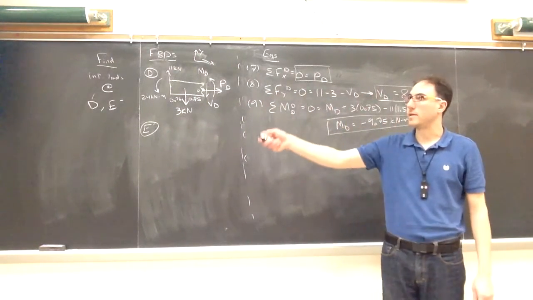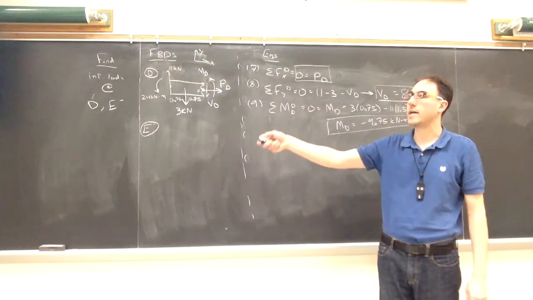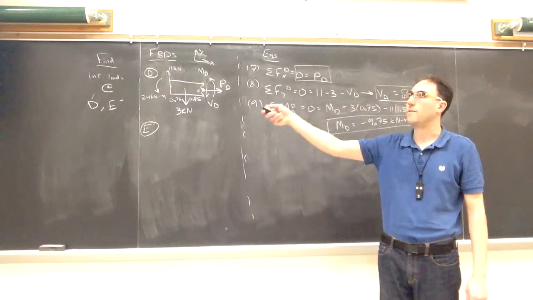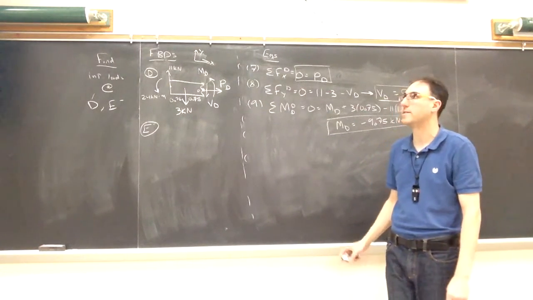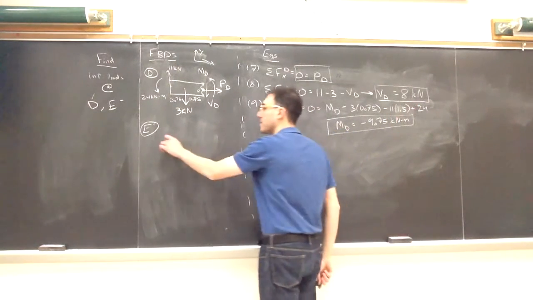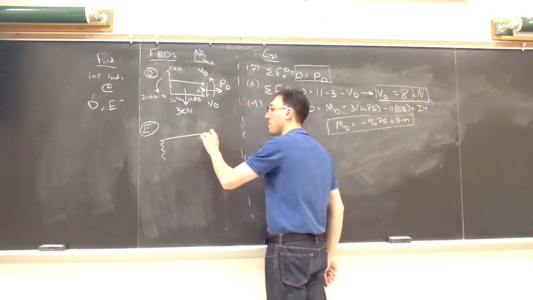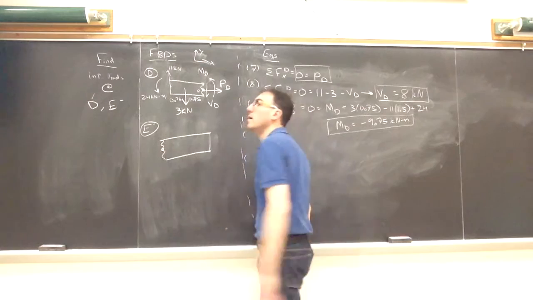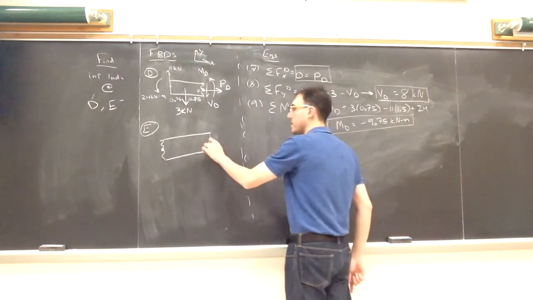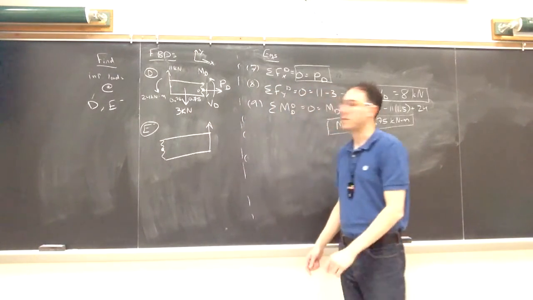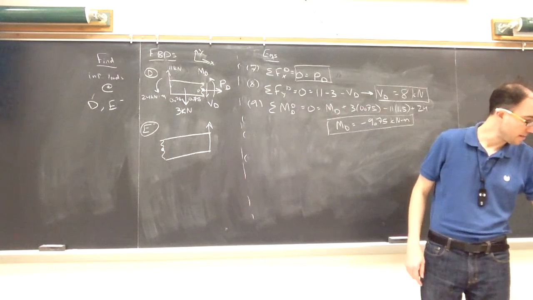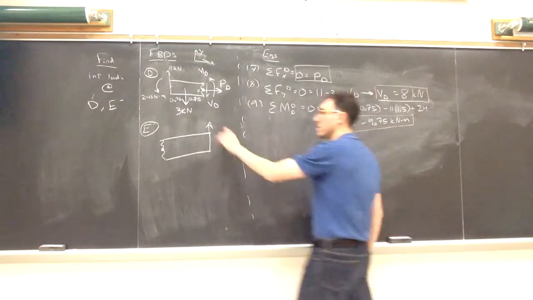I make a cut vertically through point E and I can take everything to the right or the left. From this picture, there's less happening to the right of E, so I'm going to include that in my free body diagram. There's the roller at C, which was CY we found previously, had a value of 5 kilonewtons.